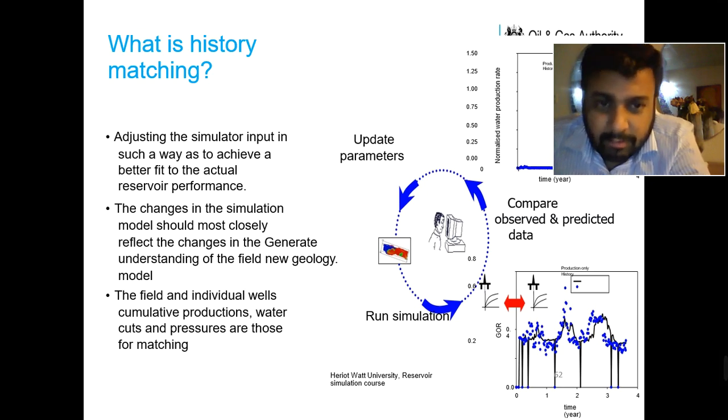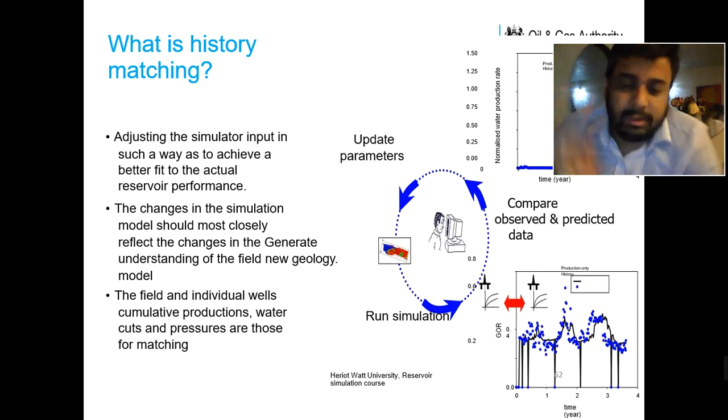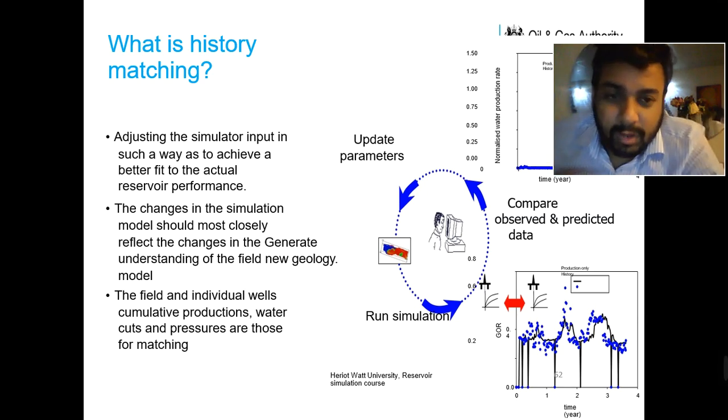As I said, once you run your simulation, you get your results, but you have to make sure that the production rates are matched with the real performance. This is the first thing. You cannot just look at the results after 10 years. For example, your well is producing, and in 1 year it has produced 50,000 barrels. This is the real performance.